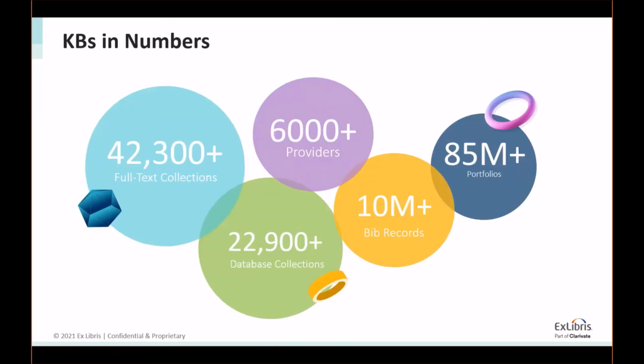All right. So this is basically just to show you the volume of the data that we ingest in our KBs. We're talking about more than 42,000 full text collections, more than 22,000 database collections, the zero title databases.